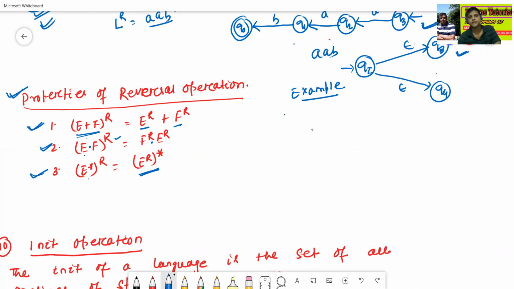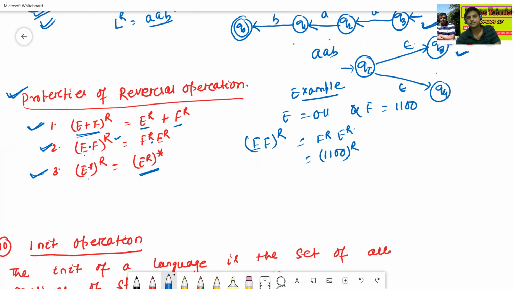Suppose for one example, E equal to 011 and F equal to 1100. Suppose I want to find (EF) whole reverse, which is nothing but F reverse then E reverse. F is 1100, so F reverse means 0011.